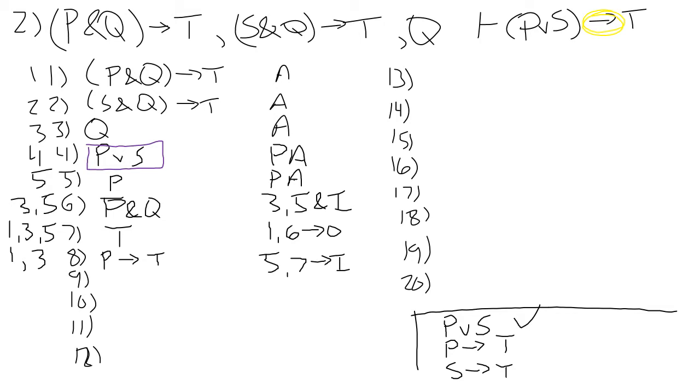So that is one of our conditional statements. We should prove the other one now, so we'll assume S as a PA, and we'll look to prove T. So same as before, we just need to put the S and the Q together.